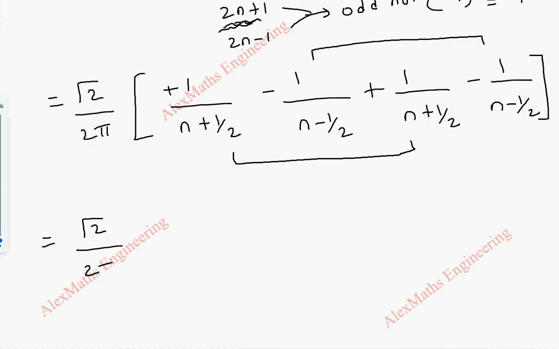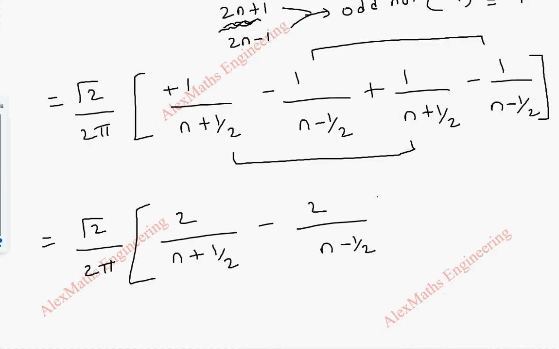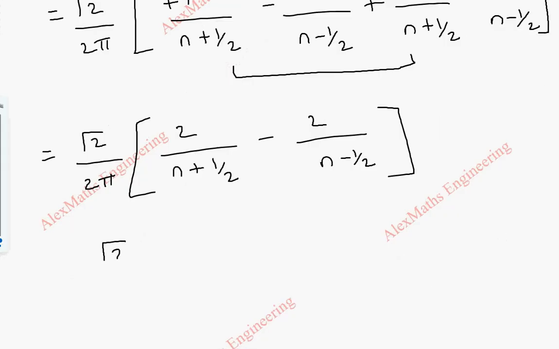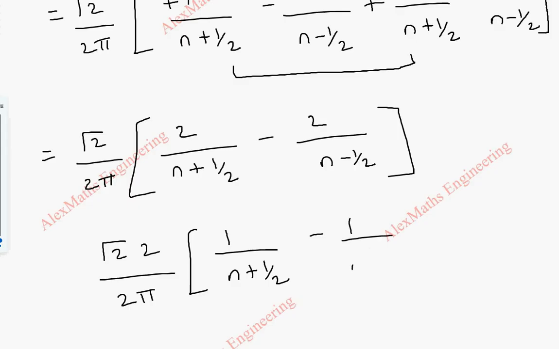So root 2 by 2 pi. This is 2 by n plus half minus 2 by n minus half. Let's take the 2 common from the numerator. So 1 by n plus half minus 1 by n minus half. We can cancel this.